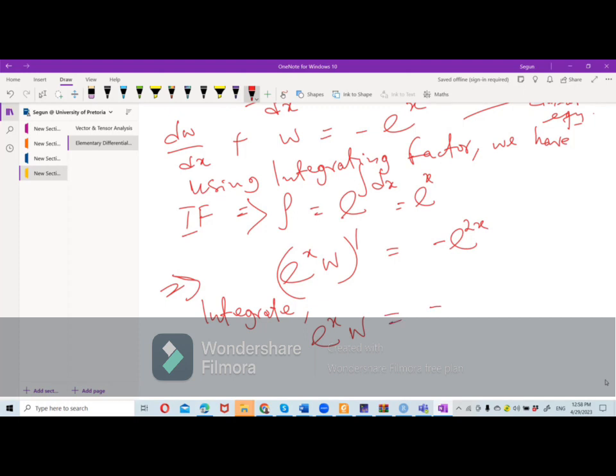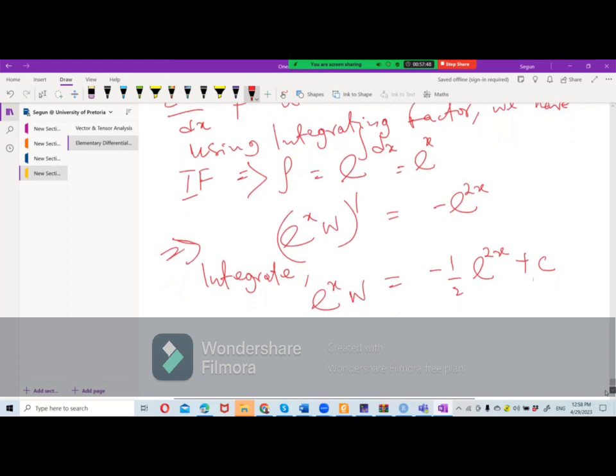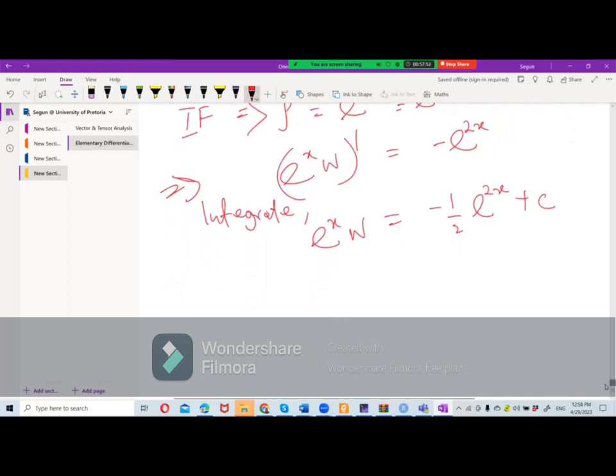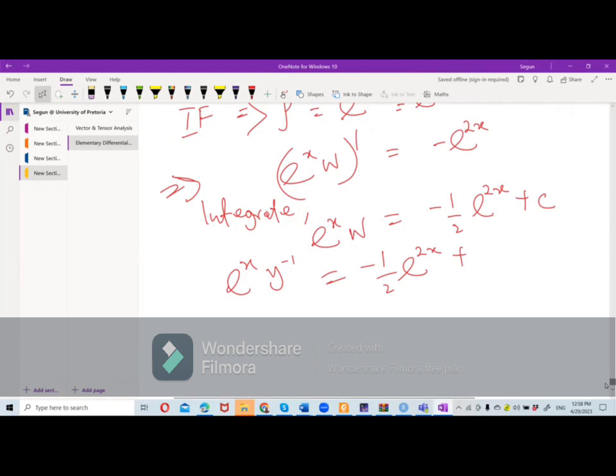Integrate this one, you have negative 1 all over 2 exponential 2x plus c. Then don't forget that you have w to be your y raised to power minus 1. Substitute your w back, you have exponential x y raised to power minus 1 equals to negative 1 all over 2 exponential 2x plus c.